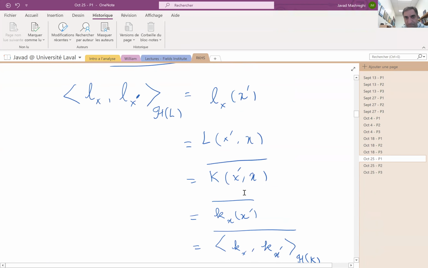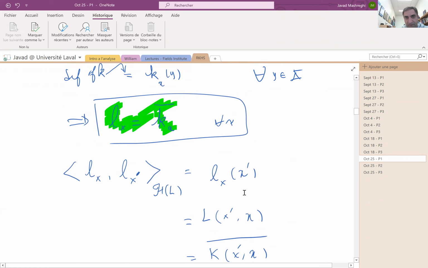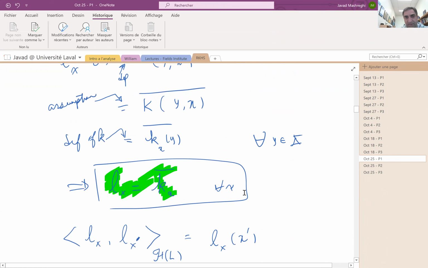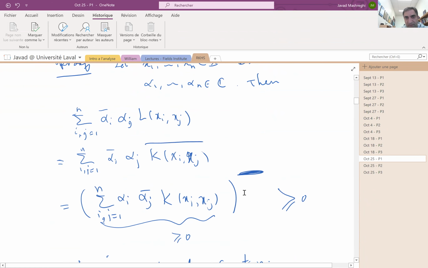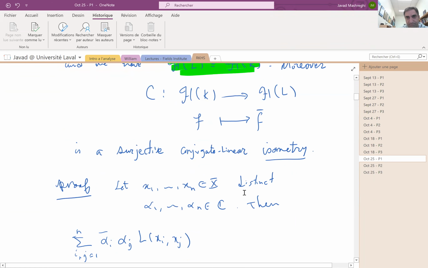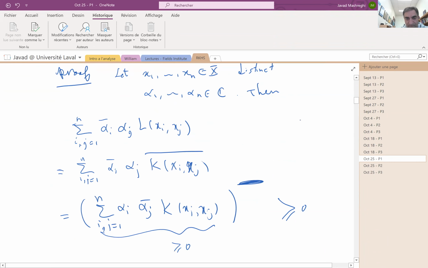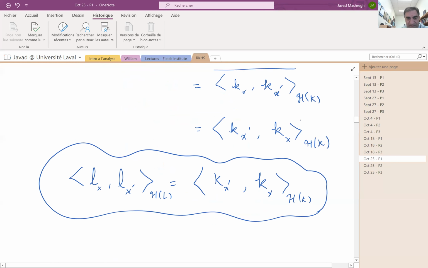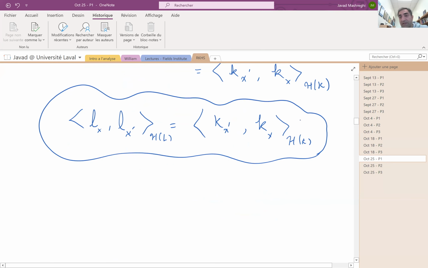This is a consequence of indeed this identity, and also will help us to establish this. Let's see how we can do that. First step is the definition of C on a dense set, precisely as we did in Morse theorem. So definition.